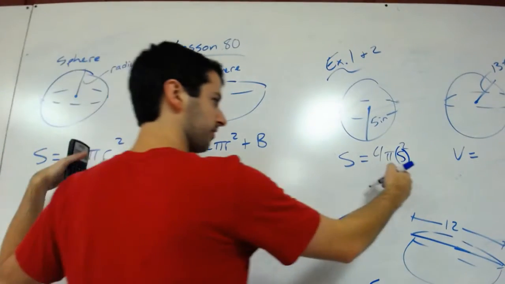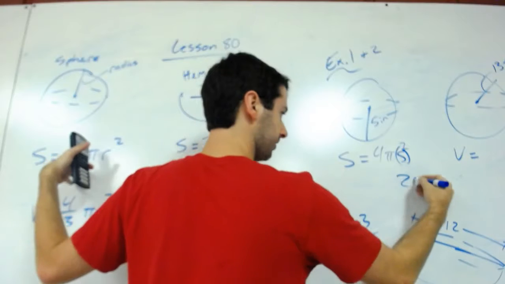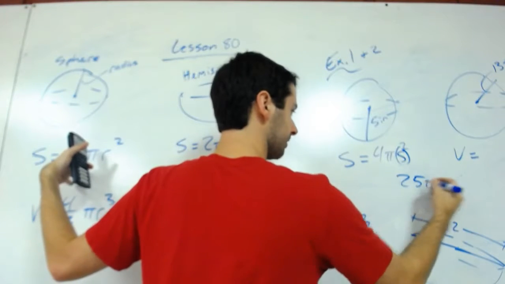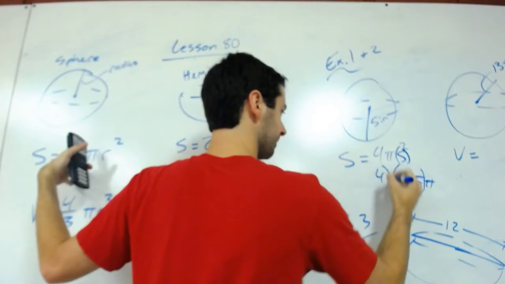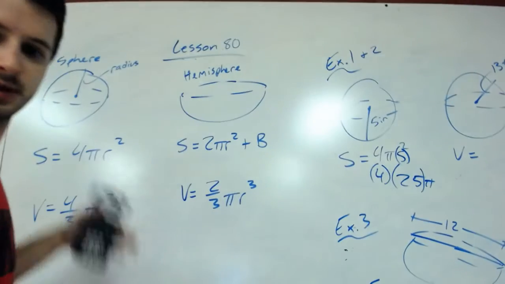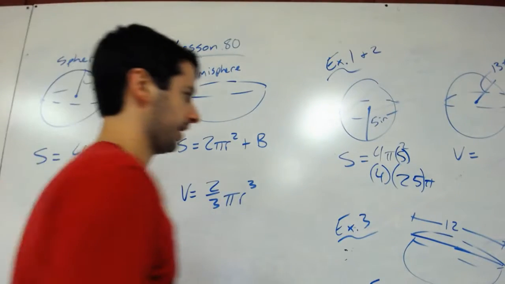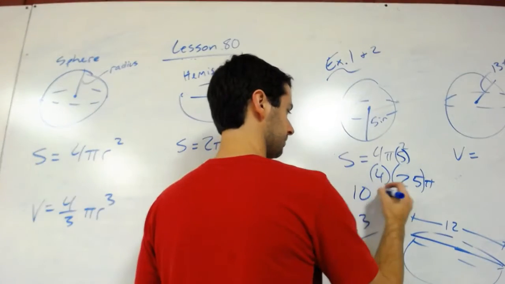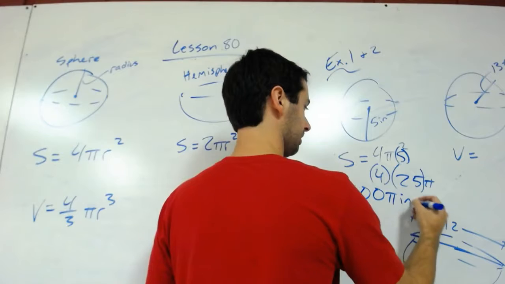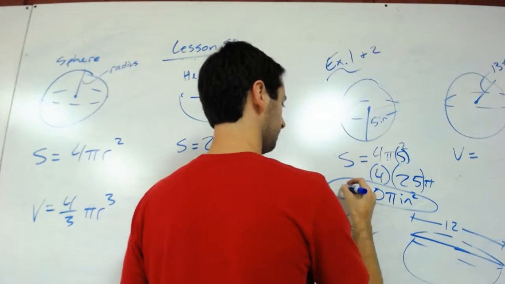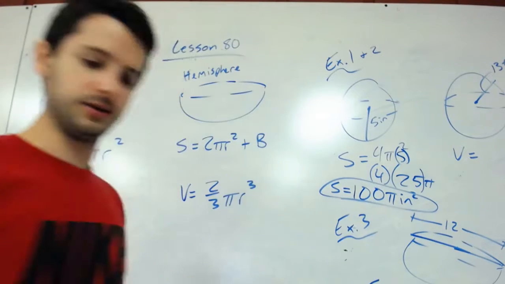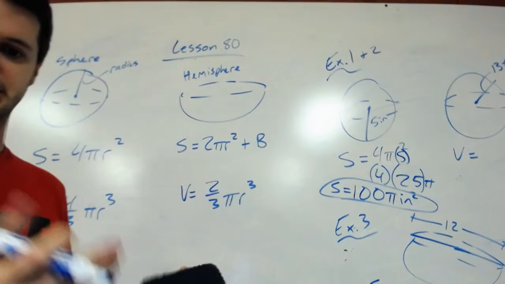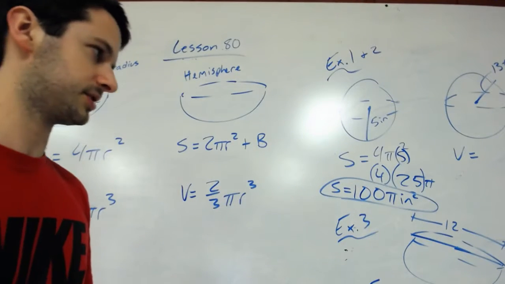Order of operations, got to do the squared first, so 25 times pi times 4. So 4 times 25 is 100 pi, and it wants the answer in terms of pi, so it'd be 100 pi inches squared, since we're doing surface area. And that's all you have to do for surface area. Pretty easy, you just got to know the radius.